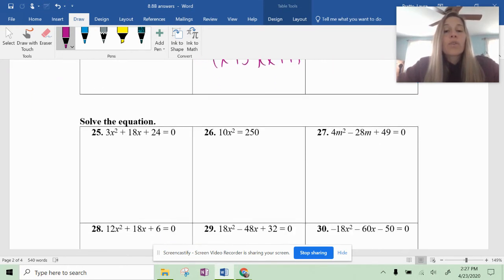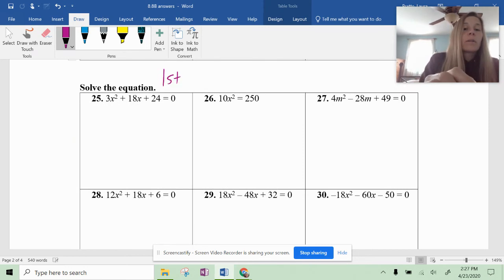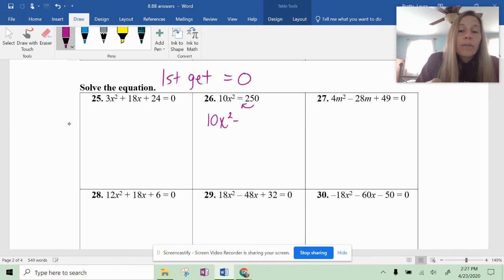All right, so now when we're solving these equations, remember we want to first get it to be equal to 0. So if it's not equal to 0, like for example 26, we would have to move that 250 over like that. Then you want to do the GCF if there is one. Okay, so 10 and 250, there is a GCF of 10.